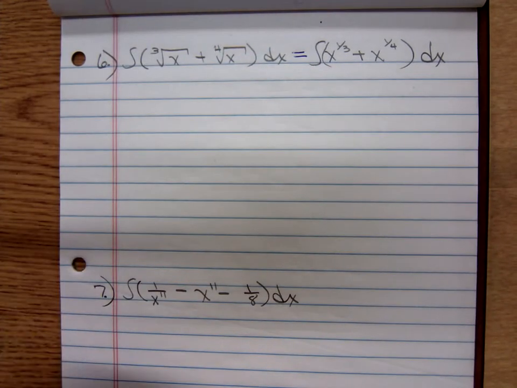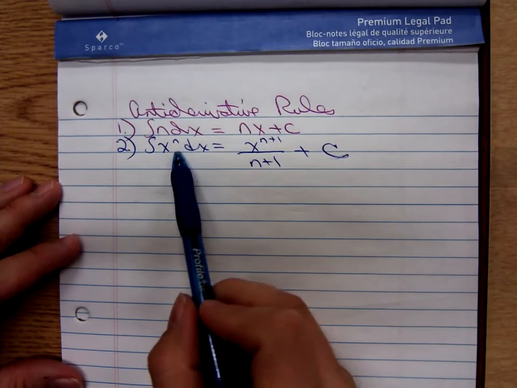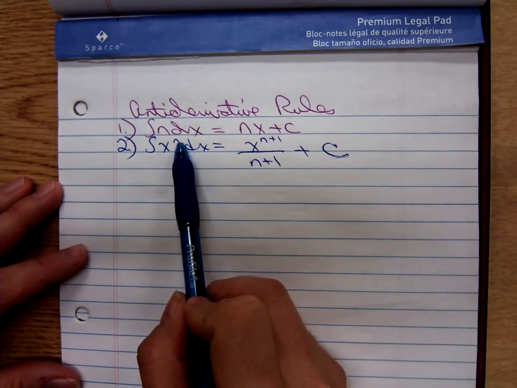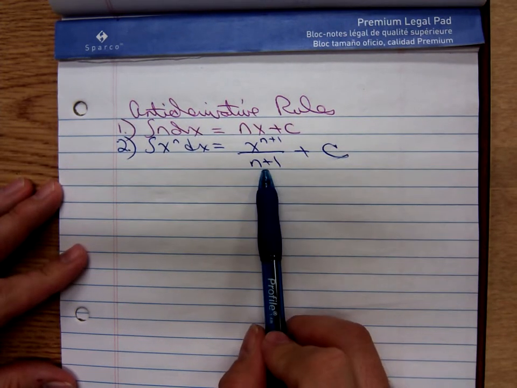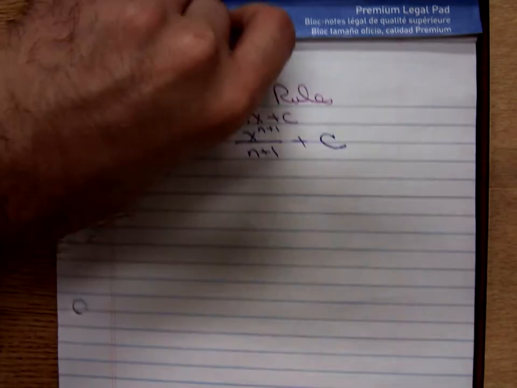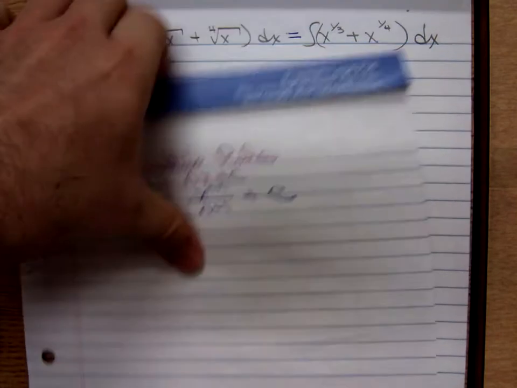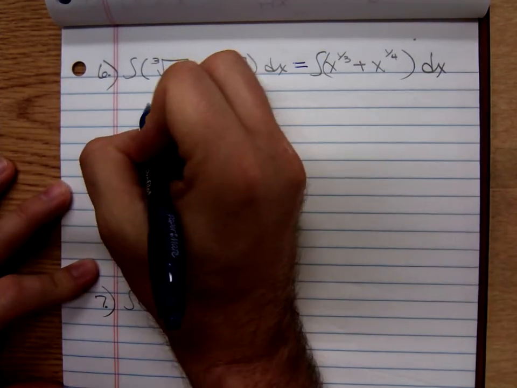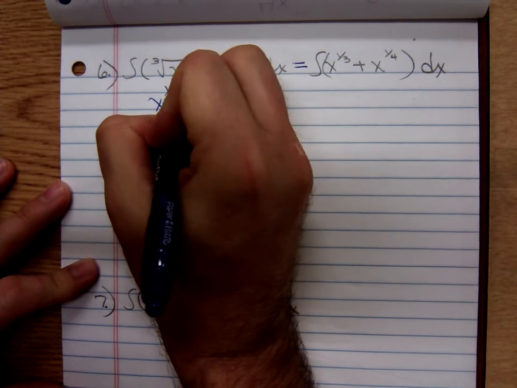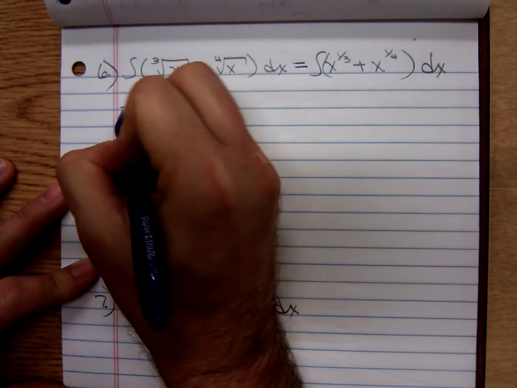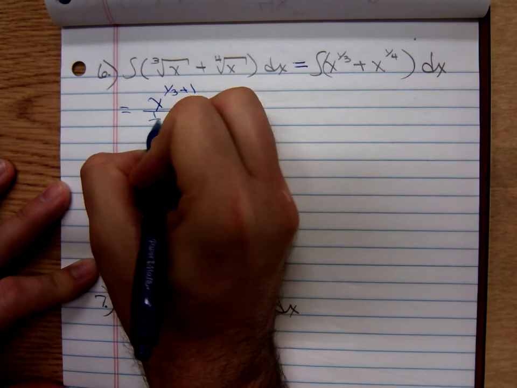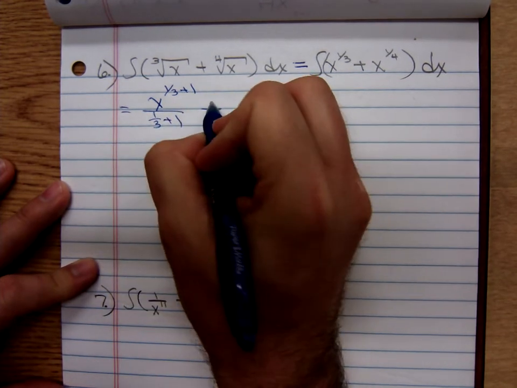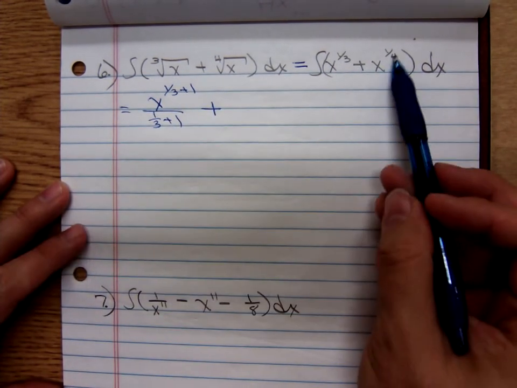So now we're going to use this rule right here. Add 1 to get the new exponent, divide by the new exponent. So we're going to add 1. Divide by the new exponent, plus the x to the 1/4.